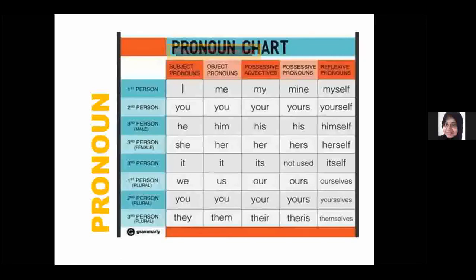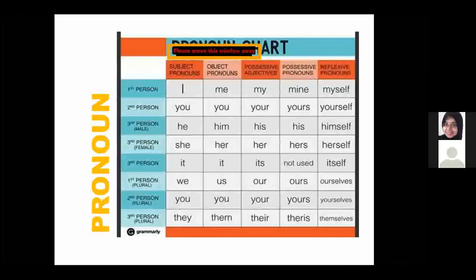This laptop is mine. That also shows belonging, so that is called a possessive pronoun. I repaired this laptop myself. I did not get any other's help. So myself is considered a reflexive pronoun.